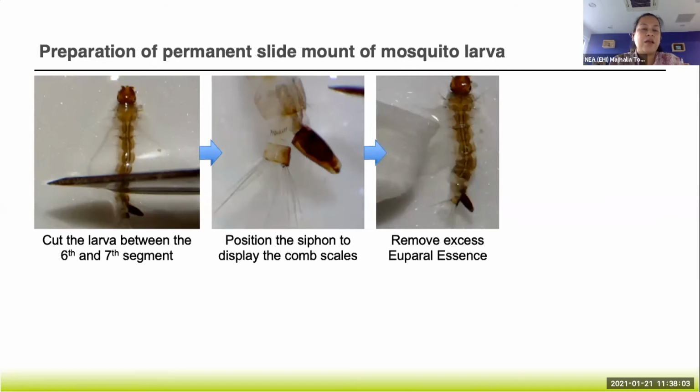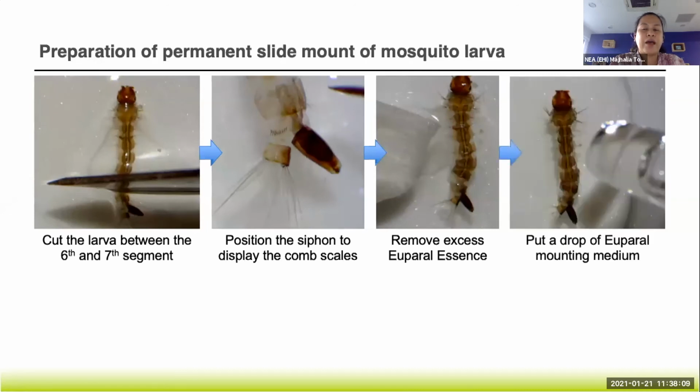So you can remove the excess with absorbent material like tissue paper, and then you can add a drop of euparal mounting medium. Previously, I thought it would be just 1 to 2 weeks in the oven, but it seems that it takes much longer to dry up. And I've read from the WRBU article that we uploaded in OneDrive, it takes them 1 to 2 months in the oven to fully dry up their specimen.